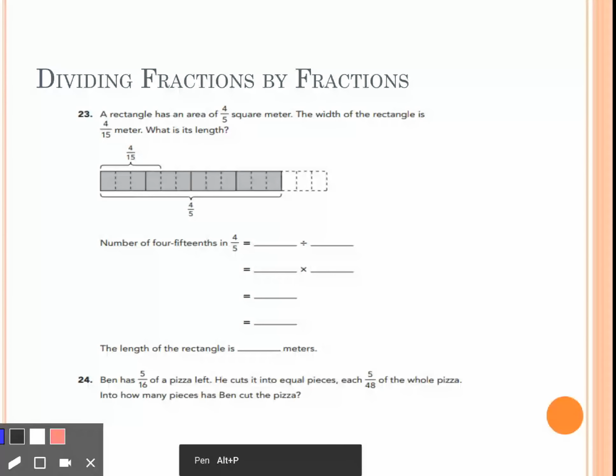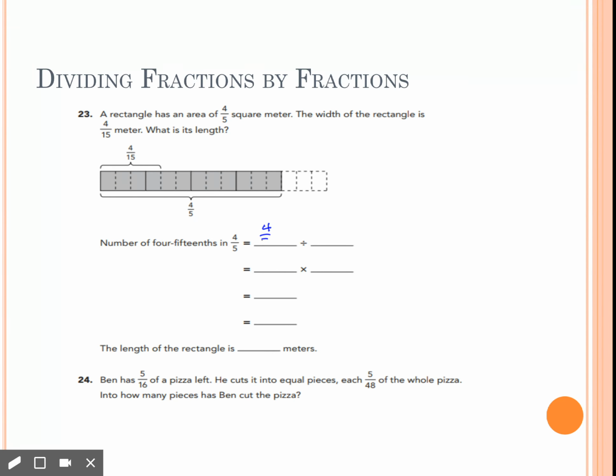So number 23, a rectangle has an area of 4/5 of a square meter. The width of the rectangle is 4/15 meter. What is the length? So we have 4/5 divided by 4/15.